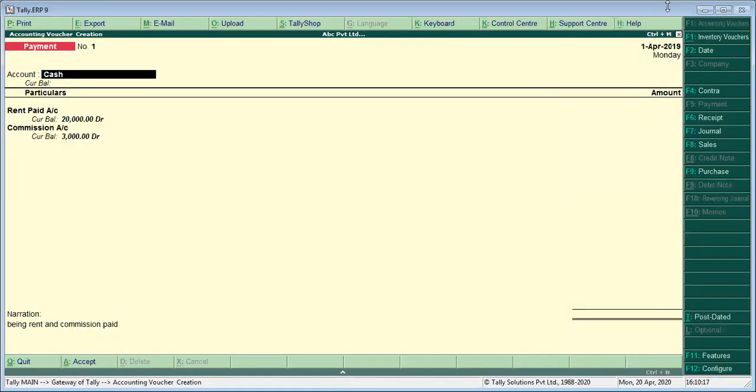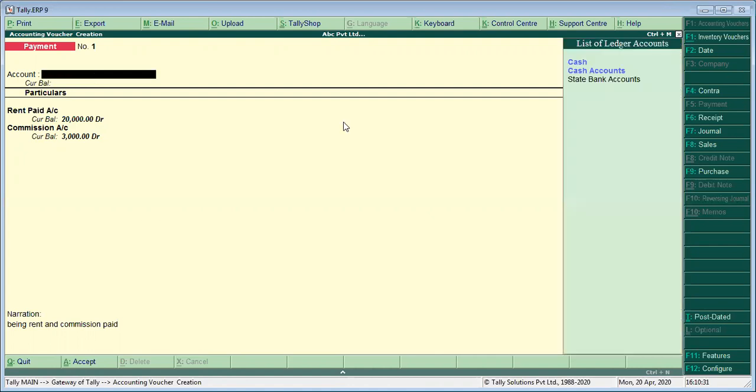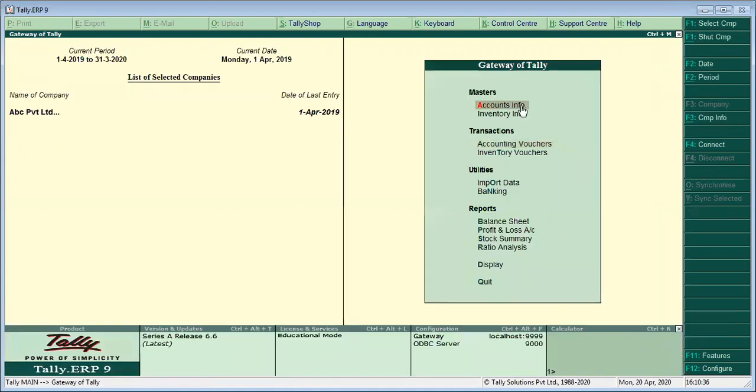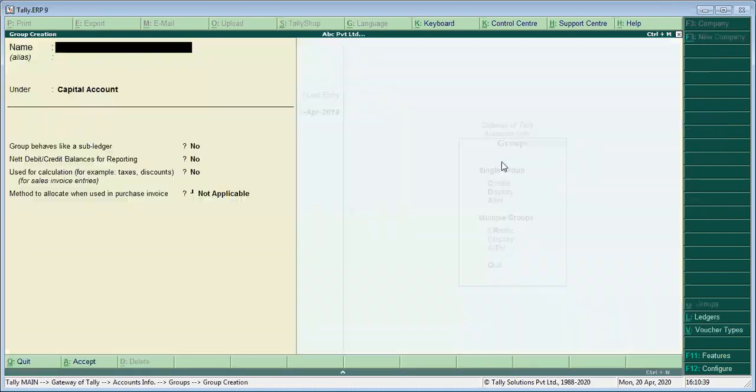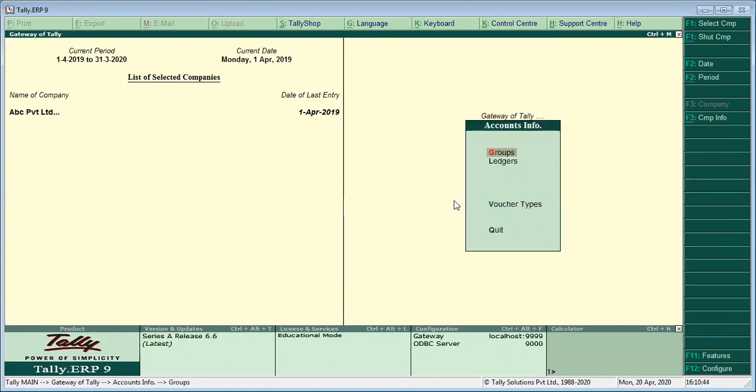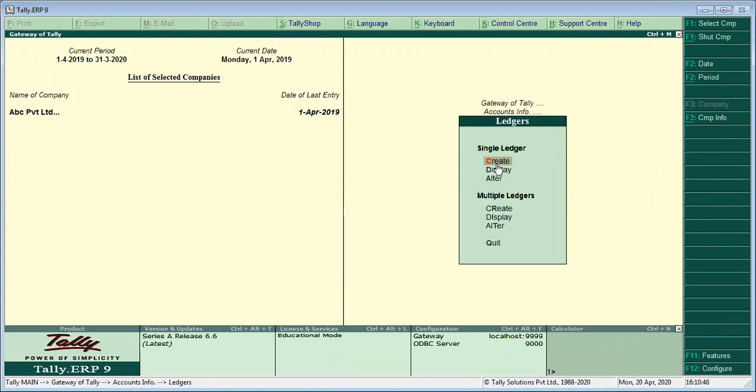The cash account also needs to be prepared. We have not yet prepared the cash account, and that is even more important. Prepare a cash account once again and then prepare the ledger entries with the transaction. So accounts info, groups, create a single group. No, we don't want a group. We want a ledger.